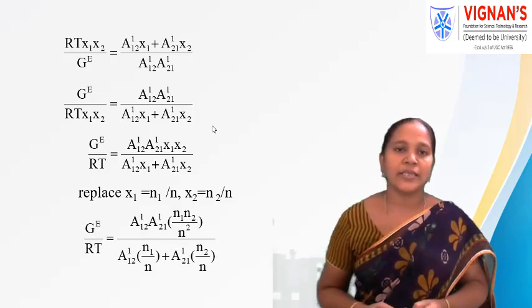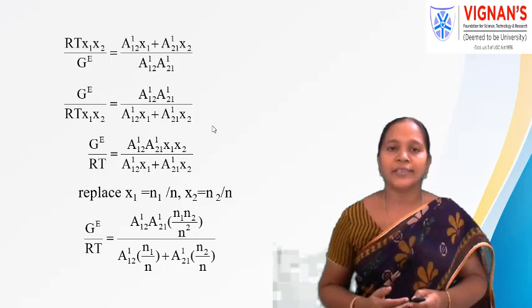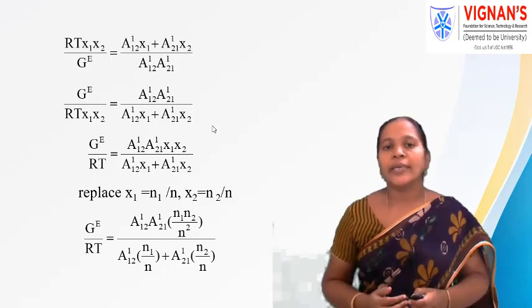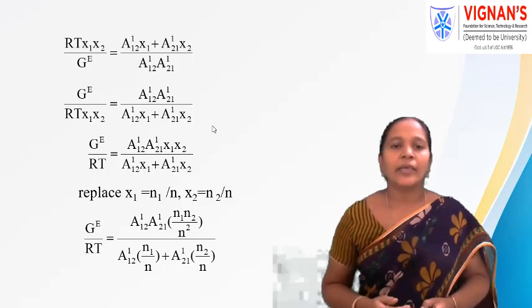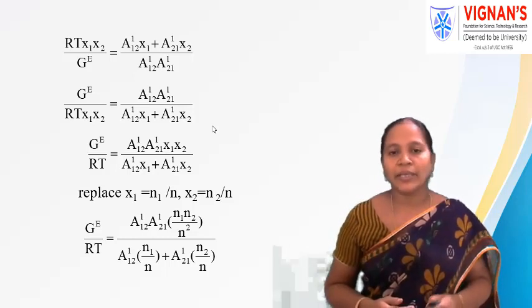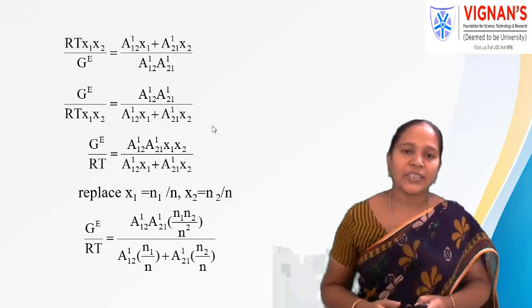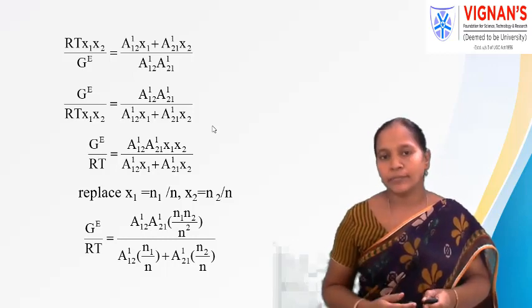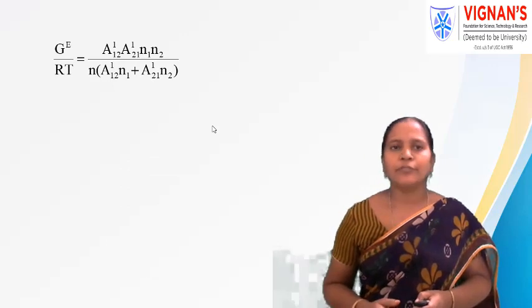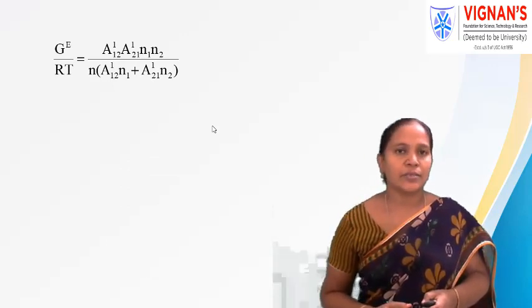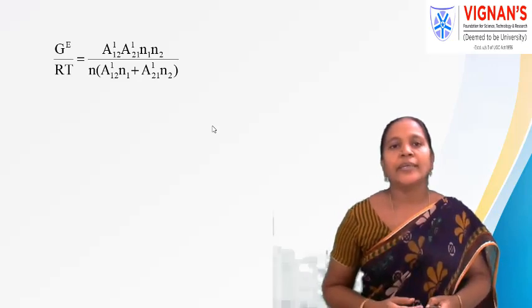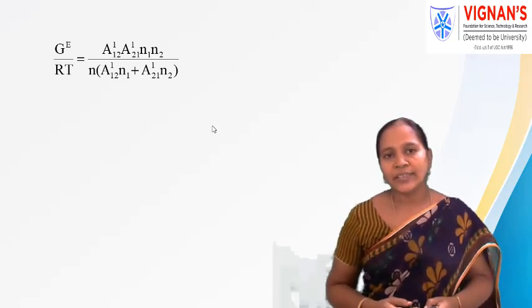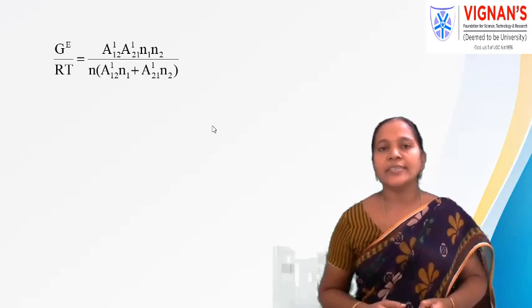Therefore, G by RT is equal to A12 dash A21 dash into n1 n2 by n square divided by (A12 dash into n1 by n plus A21 dash n2 by n). Therefore, G by RT is equal to A12 dash A21 dash n1 n2 by n into (A12 dash n1 plus A21 dash n2).